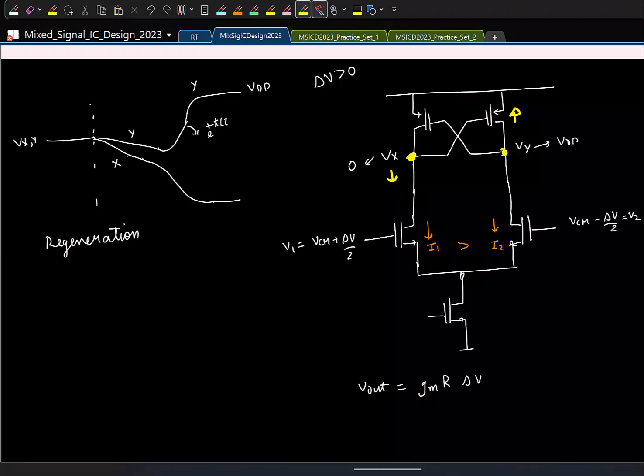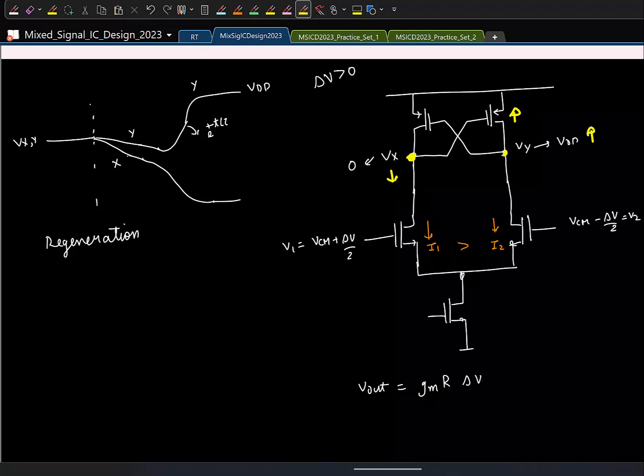No, I don't understand. Okay, see, Vx is reducing, the gate voltage of the PMOS is reducing. What happens to the current in the transistor? If the current in the transistor increases, we are pushing more current into that node. What will happen to that node voltage? It will increase. Is that clear?